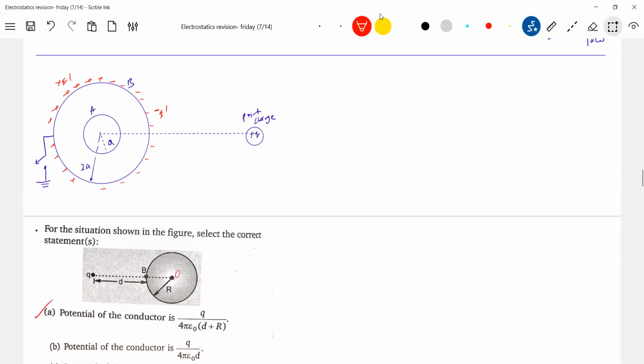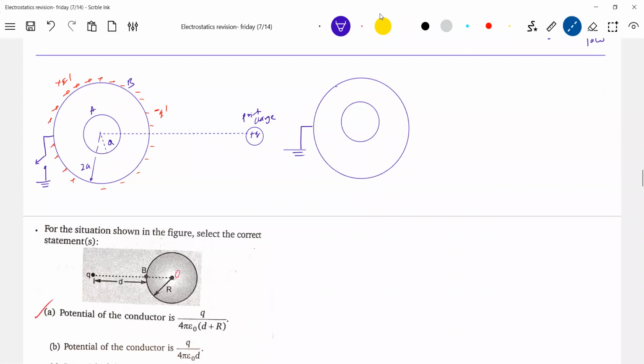After earthing, we'll see what conditions will come. Shell A, shell B. Now the charges here will be Q1, Q2, Q3.